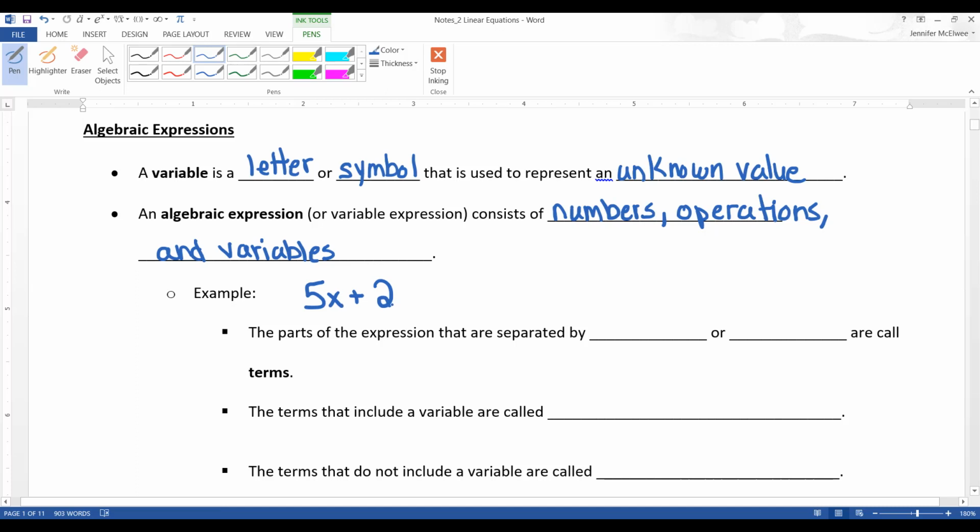Okay, so for algebraic expressions, we have different vocabulary words for all the little parts that make up that expression. So the first one is, if you look in the bold, is called terms. I'm not sure if you remember this from 7th grade, but terms are the parts of the expression that are separated by addition or subtraction.